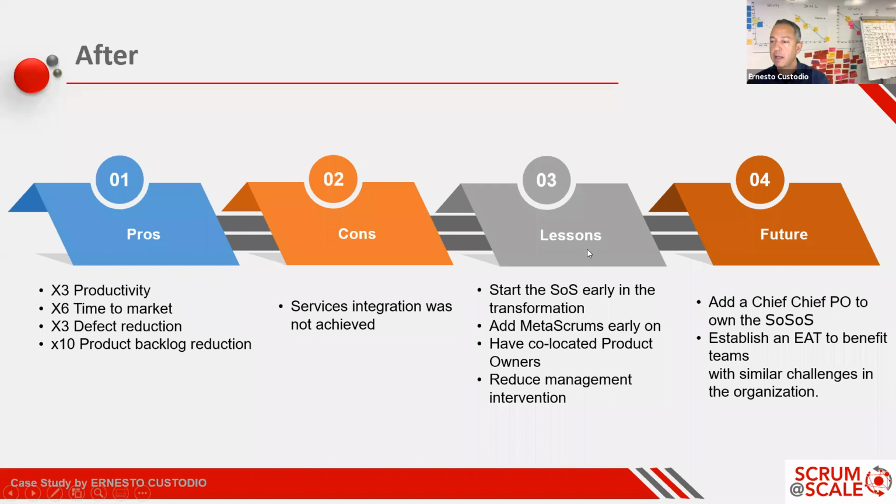And looking at the future, I mentioned that this was not a completed implementation. If we took the Scrum of Scrum and added a chief product owner in that layer, we would have had further facilitation.